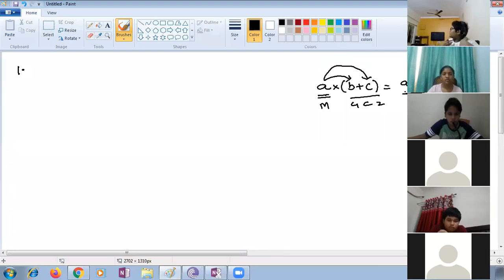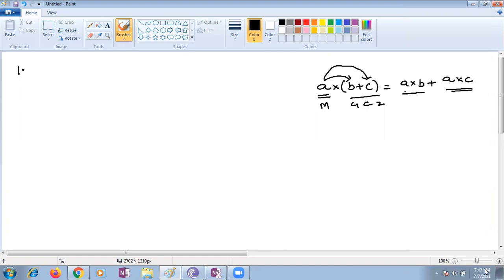Yes, we are discussing just the basic properties of rational numbers. In that, we are doing the distributive property. Find using the distributive property.